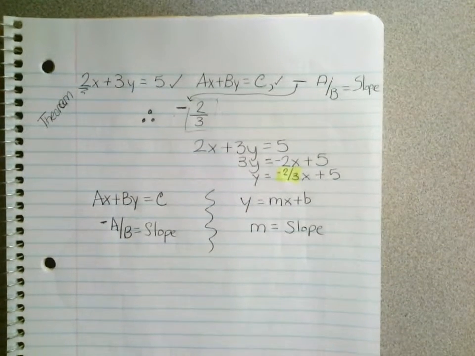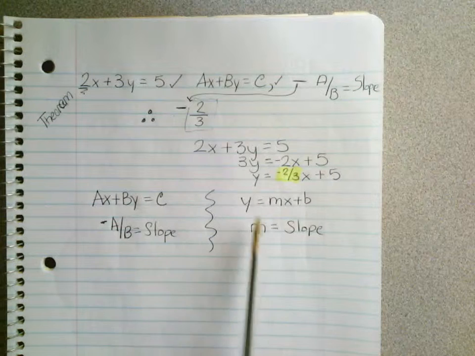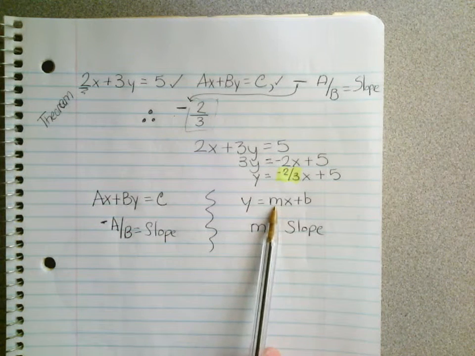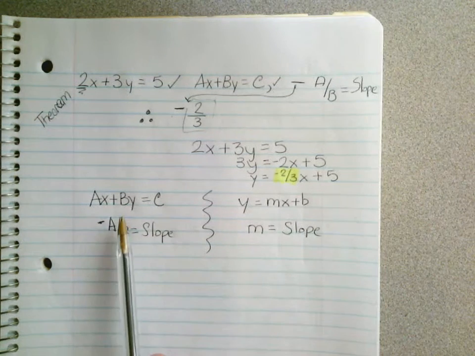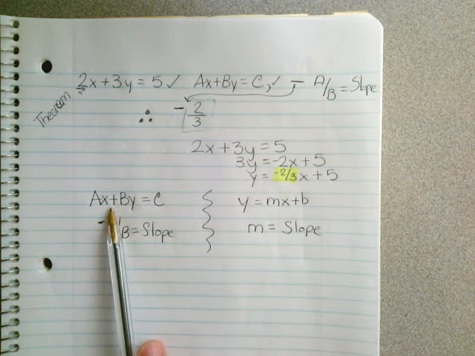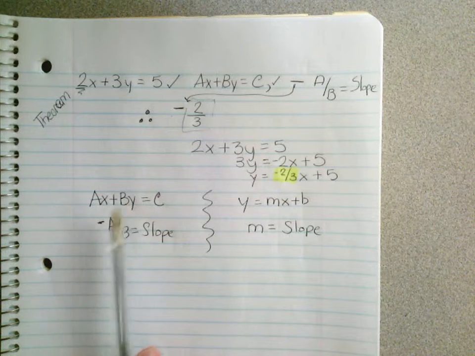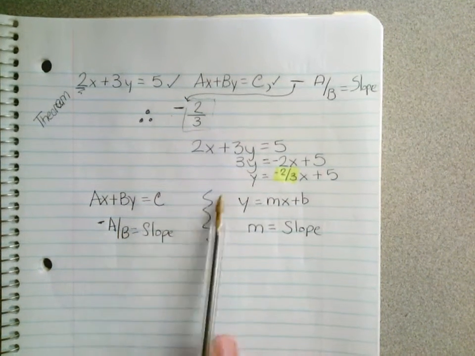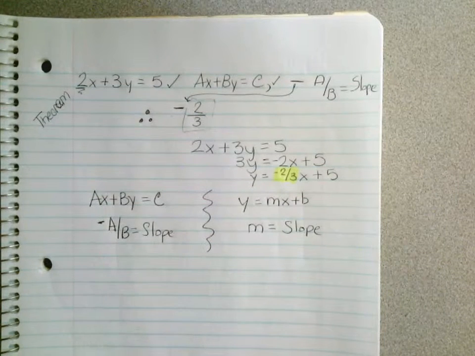So depending upon what you're given, if it's given to you in this form, then just tell me what that is. If it's given to you in this form, a divided by b's opposite. Okay? That's a huge key for today. All right, I'm not done. I got one more example.